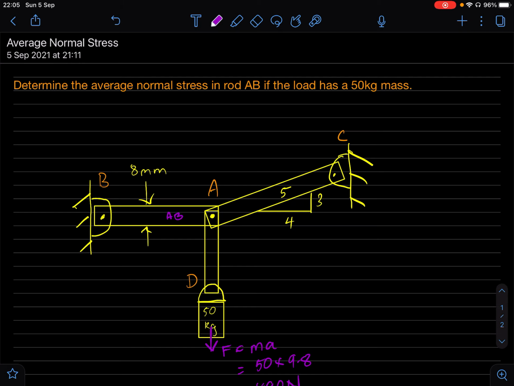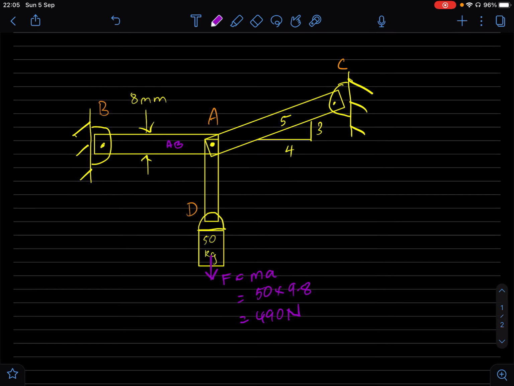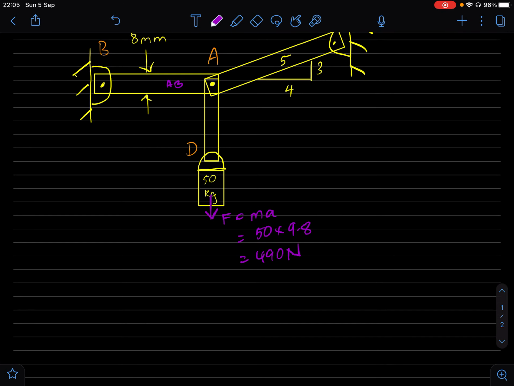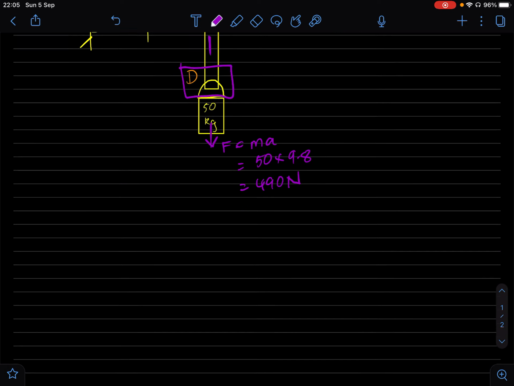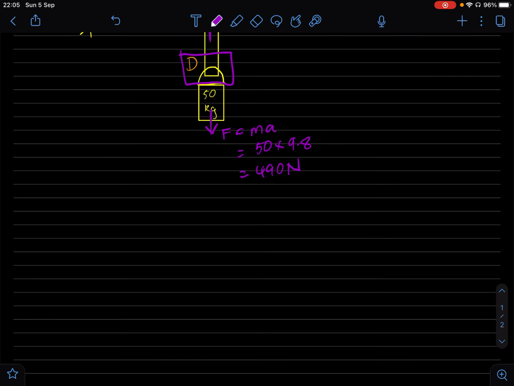Force of member AB. Okay, so let's start by looking at the joint D. Because if we look at joint D, hopefully that'll give us the force in this member, AD, and then we can work our way up and across. So joint D, let's draw the free body diagram.